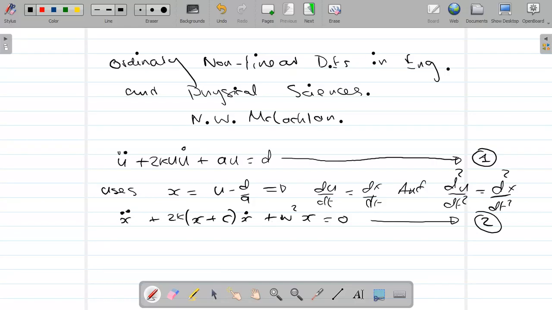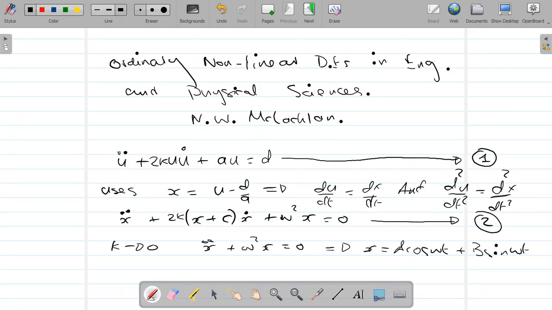Right, so he gets from equation 1 to equation 2, and I'll just really quickly explain about 1 and 2 here. When you get to equation 2, you'll note that as kappa approaches 0, then what you are left with is x double dot plus omega squared x equals 0, which produces the solution x equals a cos omega t plus b sine omega t, right?